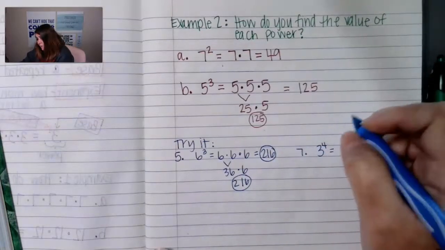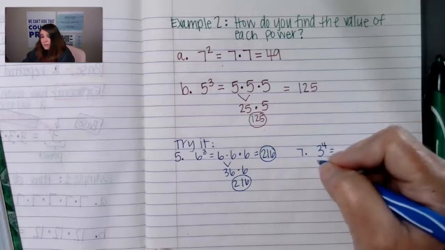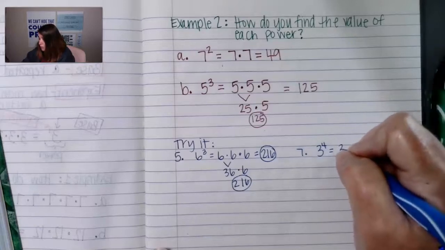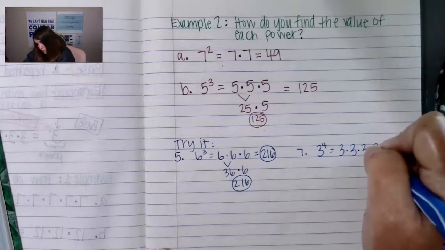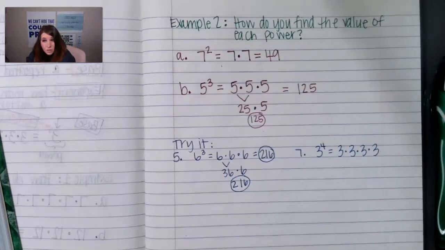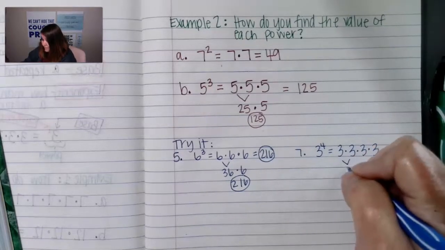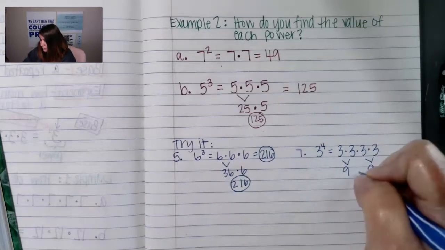All right, the next one. This one is asking me to multiply this 3 4 different times, right? The base is 3, power of 4, so I am going 3 times 3 times 3 times 3. Do you see what I mean about mathematicians wanting to be lazy? That could go on forever. Okay, here we go. 3 times 3 is 9. And I know that 3 times 3 over here is 9, right?